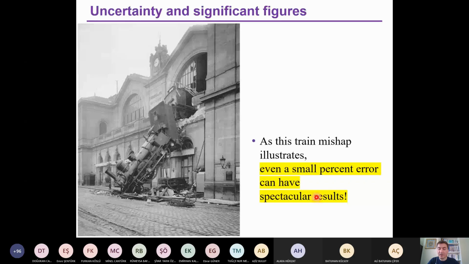You know, the SpaceX company sent 2 astronauts to the International Space Station by using the Dragon capsule. This Dragon capsule went to space and then connected to the International Space Station. So uncertainty is very, very important. Even a very small percent error can have spectacular results in technology.